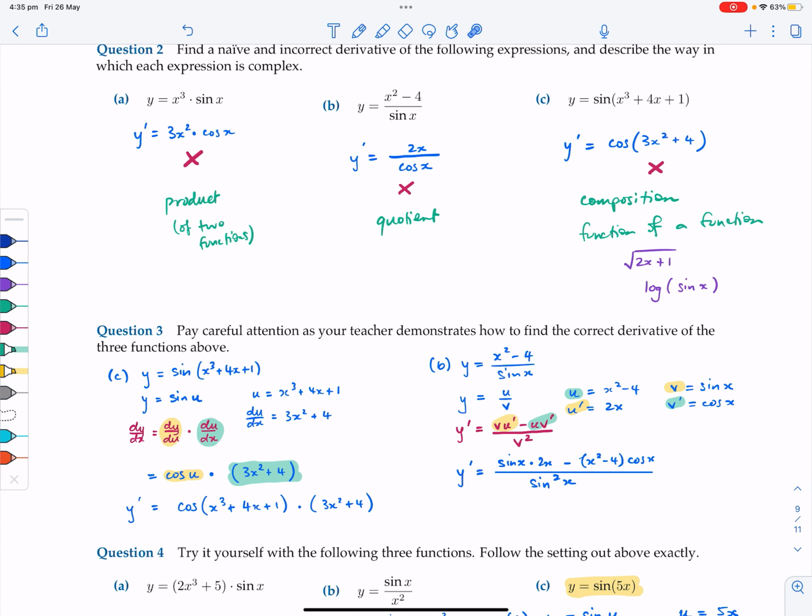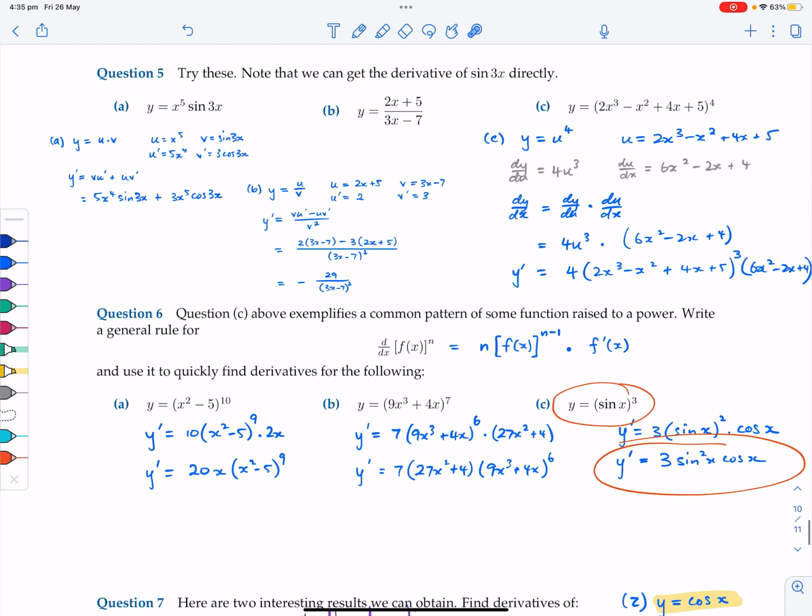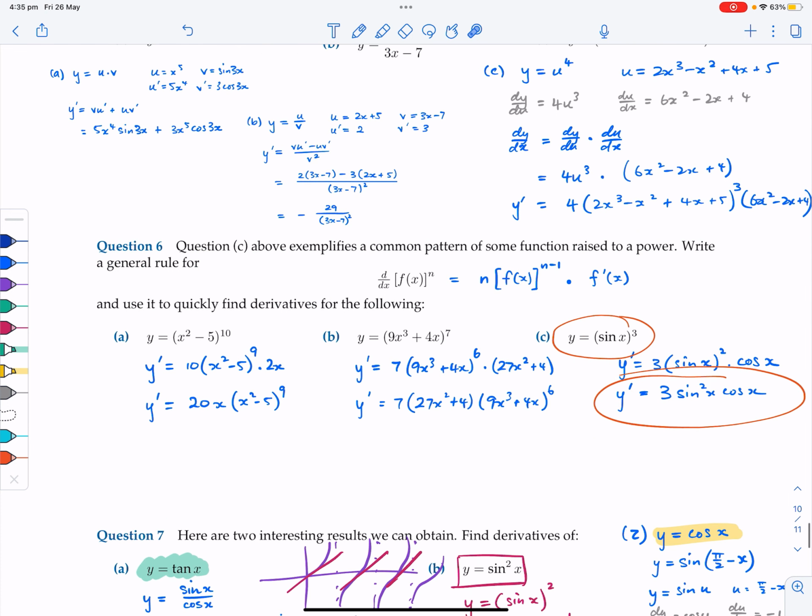Then there was a chance for you to practice on similar questions, summarise the rules, try some more practice, and then to see how certain ones can be done more quickly, and then just some interesting results.